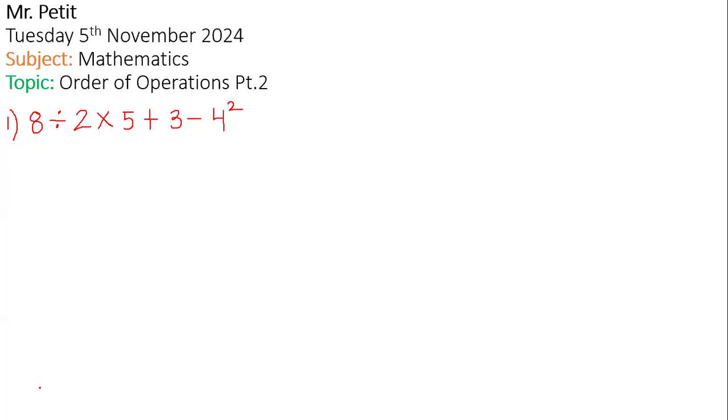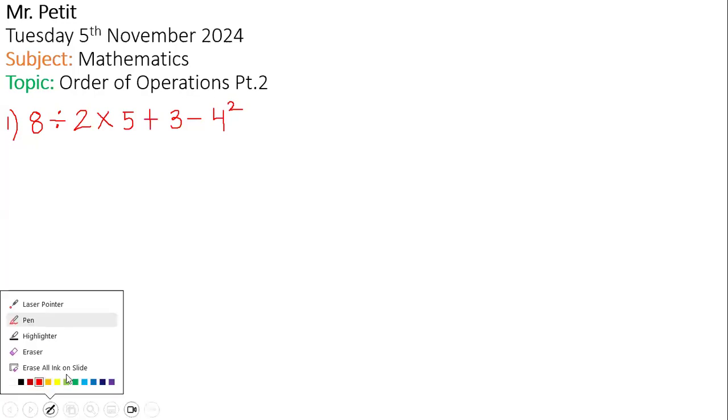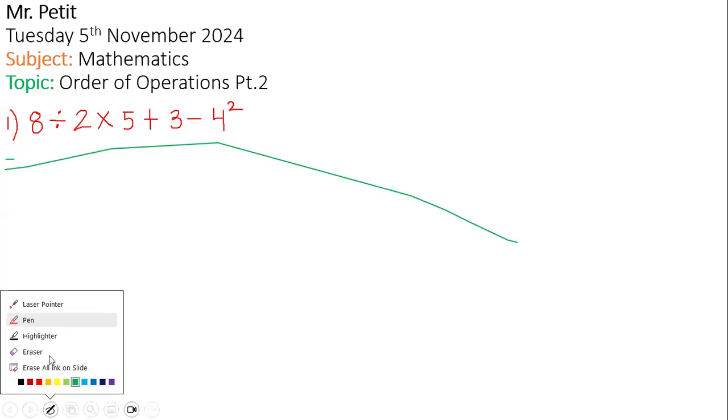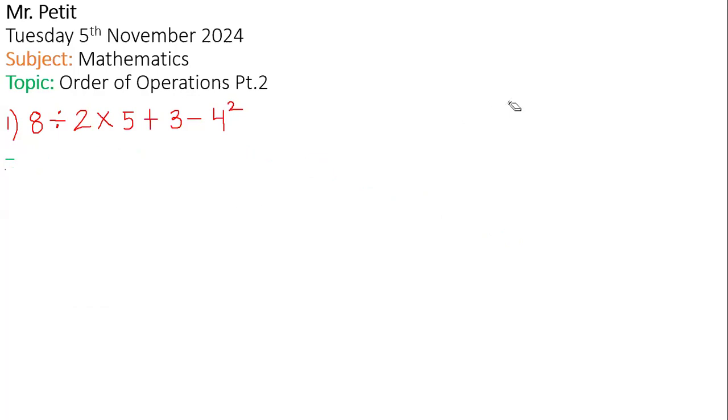Okay, so for this one, based on PEMDAS, what should we do first? The 4 squared. Okay. We have to do the 4 squared. One second, let me correct this.